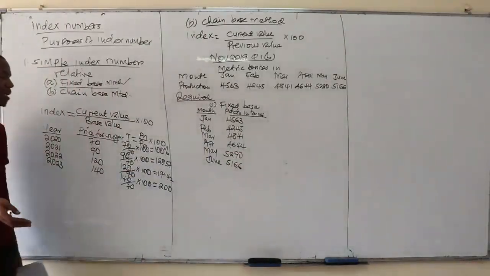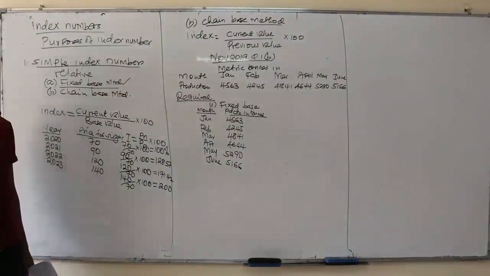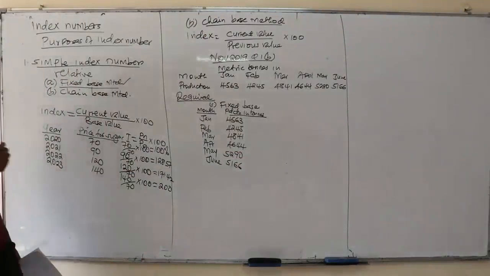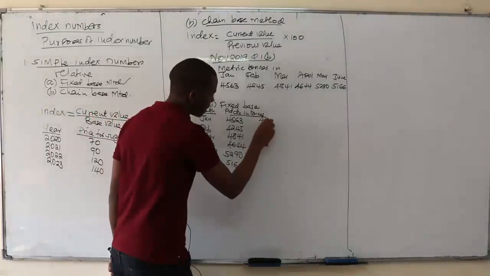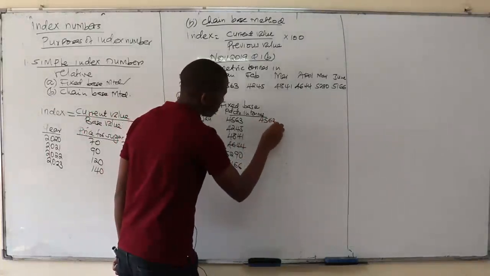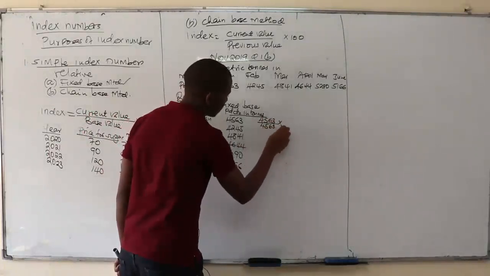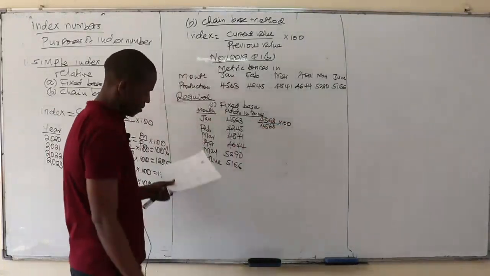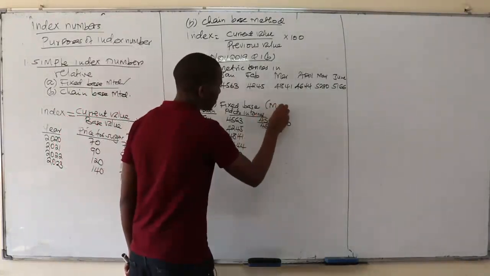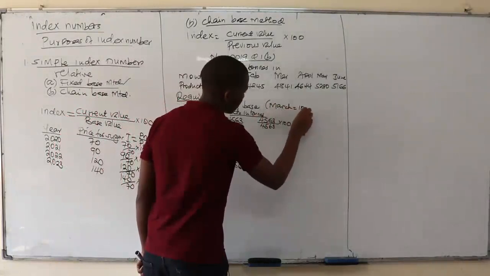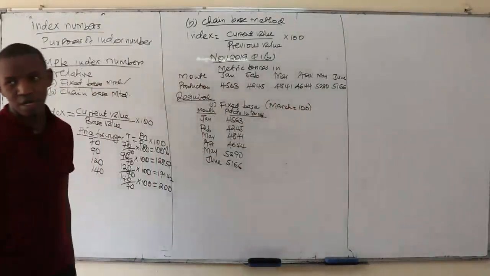We've said for the fixed base, the value for the first year or the first month will be the base value. Our base in this case will be 4563, you divide by 4563, multiply by 100. No, in this case, the question was this way. It said March is 100 on the fixed base.